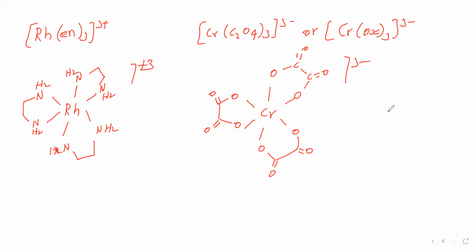Next we are going for optical isomerism in the octahedral complexes. Now we will take the complex Co(en)3 3+.